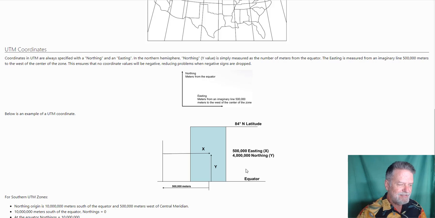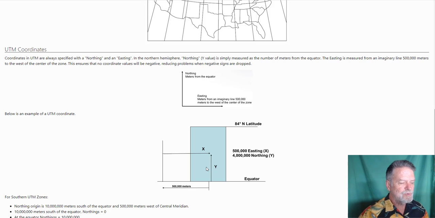The easting is different. There's no thing like the equator for us to measure from for each zone. So what they do is they move the easting, it's called a false easting, they move it to the west 500,000 meters. So zero easting is actually outside of the UTM zone. And then they measure back to the east.